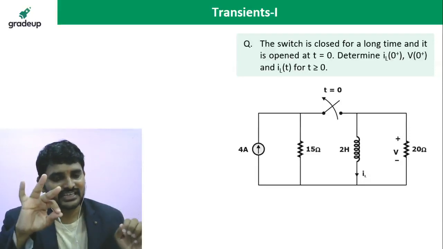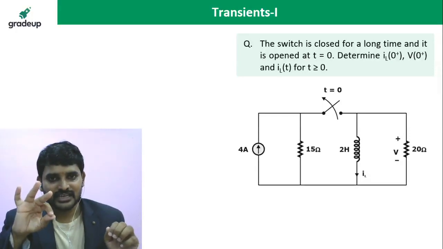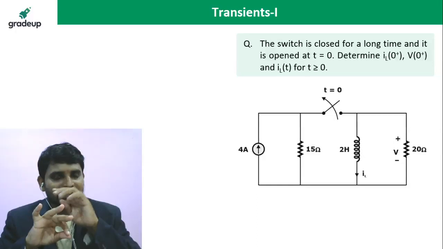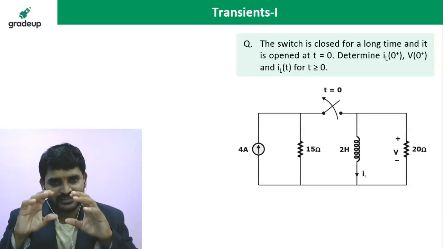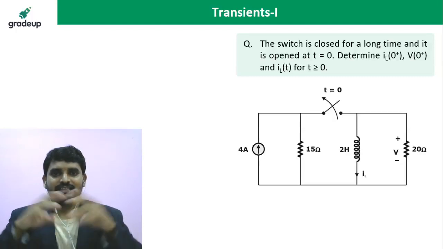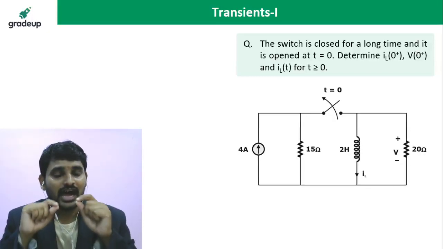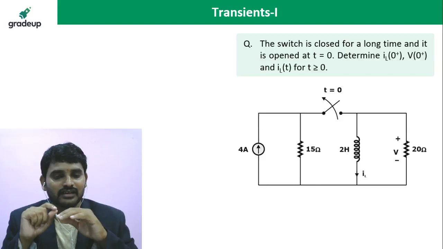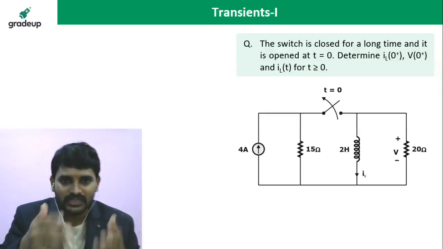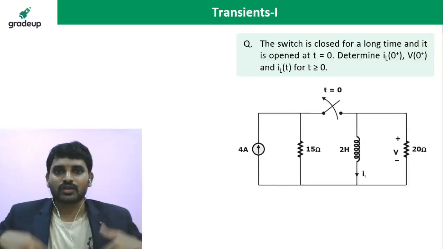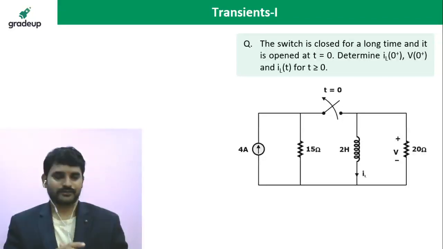Out of these three elements, two are memory elements, that is inductor and capacitor. So whenever the network consists of inductor and capacitor, definitely there is a chance of opposition to the source voltage changes or source current changes, or the voltage or current changes you are going to impose on the circuit.